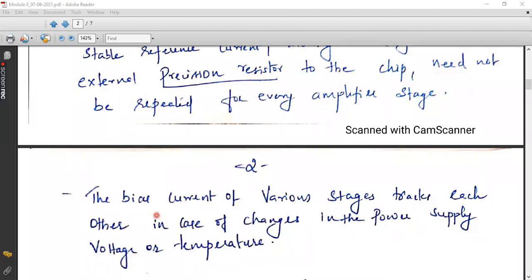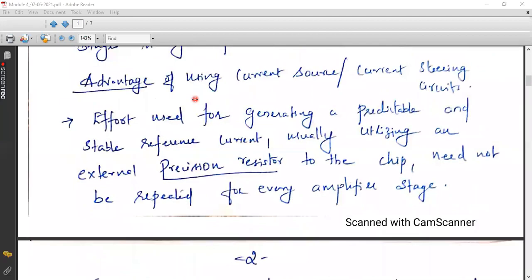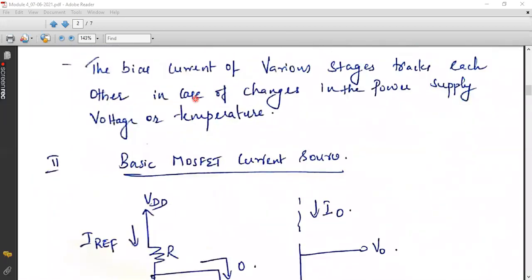Understood? From one reference current, we generate the current for all the stages of the amplifier. So by fixing one stage, we will be able to track the changes due to power supply and temperature variations in all other stages also. So these are the advantages of using current source and current steering circuits.